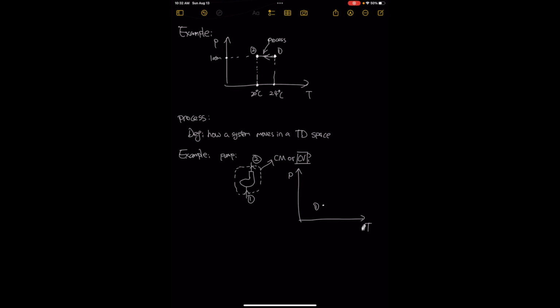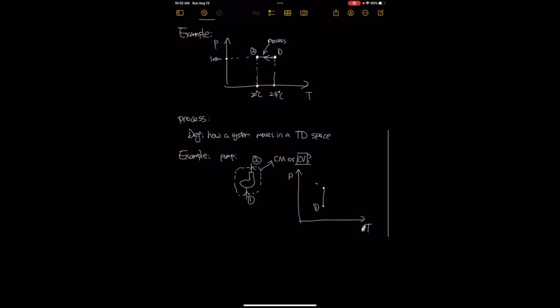So when you pressurize the water, which direction do you expect the second dot to be? We should go straight up, because there's no temperature increase. It may end up somewhere here. And we typically also draw an arrow to indicate the direction of this process. All right.